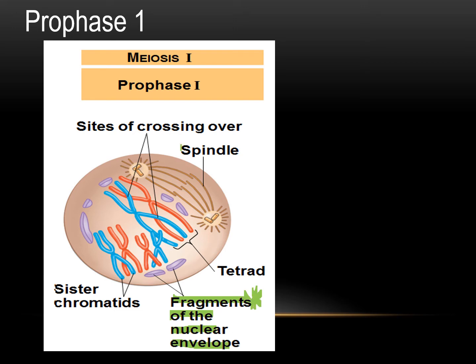Our spindle fiber, as I mentioned on the previous slide, an organelle called a centriole produces spindle fiber, and these are your centrioles. So spindle fiber starts to extend within your cell as your centrioles start to move to opposite poles of your cell.